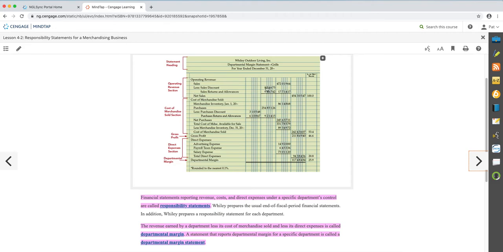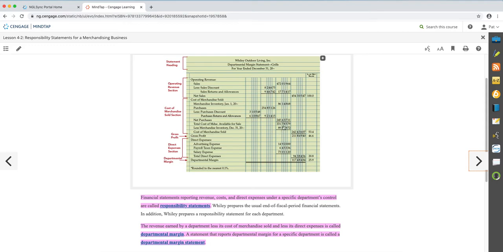The contra accounts to sales, sales discounts and returns, are added up and subtracted to get our net sales. Purchases has purchase discounts and returns. These are contra accounts to purchases. We add those two up and subtract them to get net purchases. Total cost of merchandise available is all the merchandise we had at the beginning plus net purchases. All right, less the merchandise on hand at the end of the fiscal period.